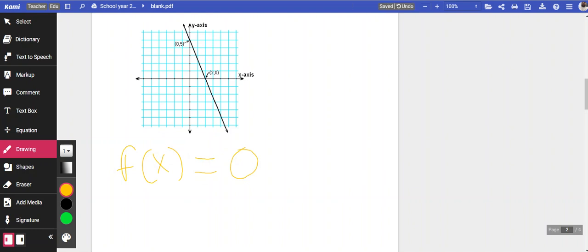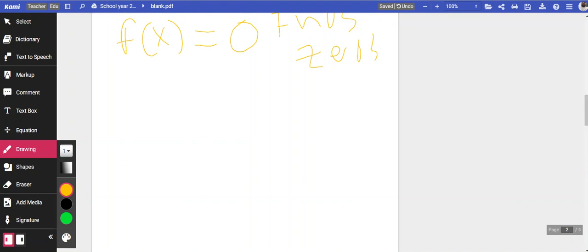That finds your x-intercepts, or your zeros. Now, for your y-intercept, you plug 0 into the function. That's how to do it algebraically.